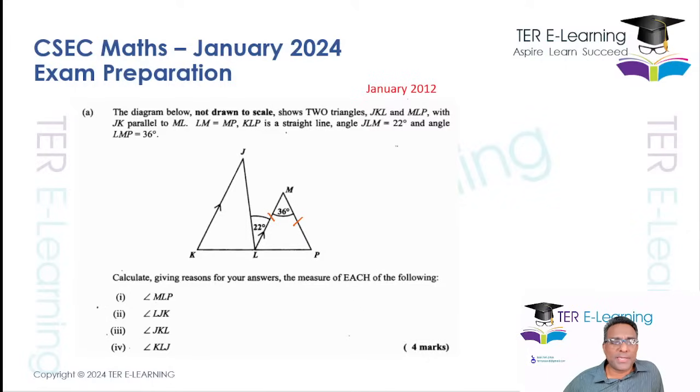People telling me it's an isosceles triangle. Yep, it is an isosceles triangle. Once we have two sides equal, it's an isosceles triangle. Now let's see what they want me to work out. They want me to work out MLP.